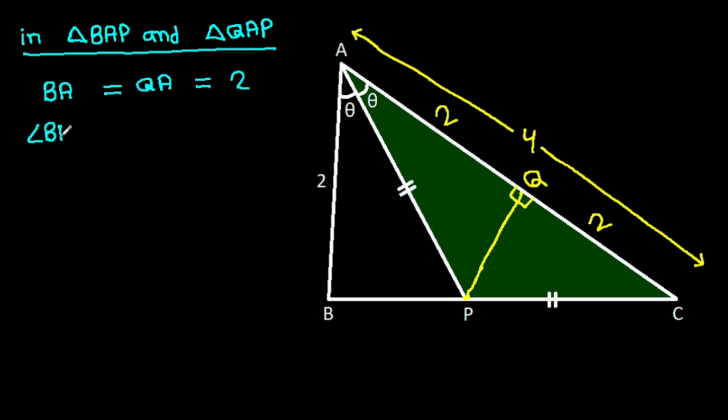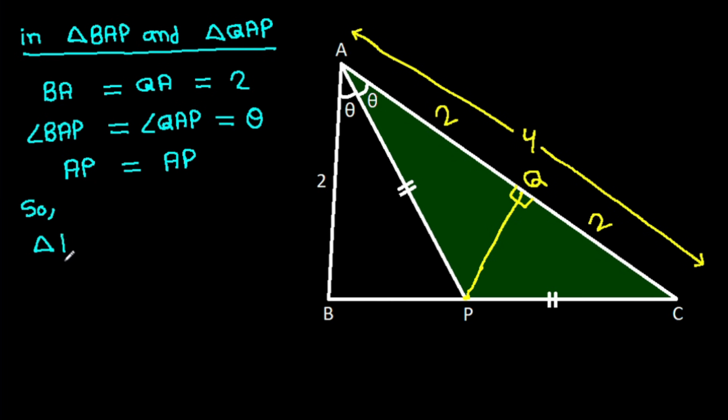Angle BAP is equal to angle QAP, that is theta, and AP is common. So triangle BAP will be congruent to triangle QAP.